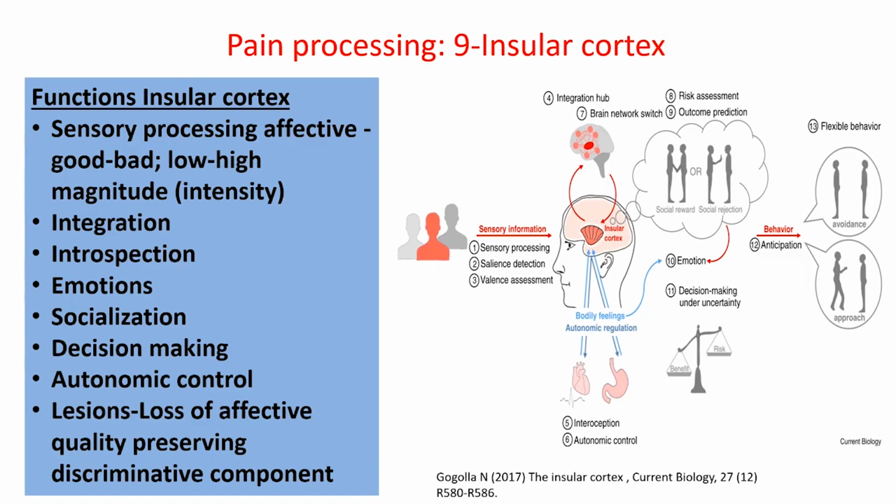He will not cry, he will not sigh, or show the discomfort or distress. But the discriminative components of the pain persist. So this is an area in which the behavioral contexts are preserved or are brought about for the pain.